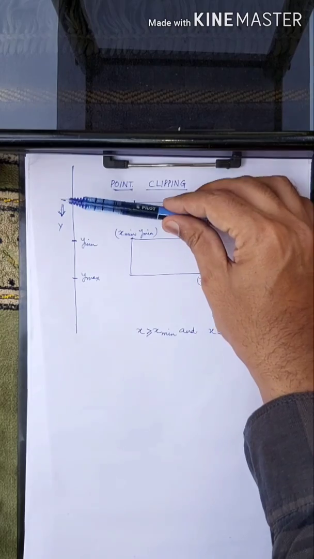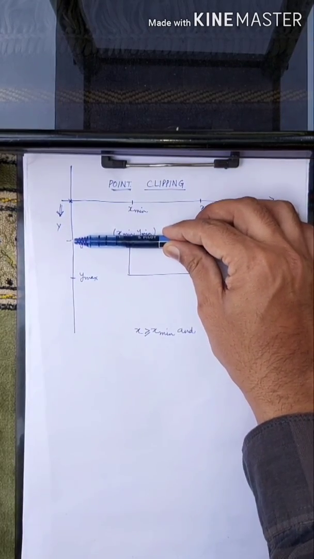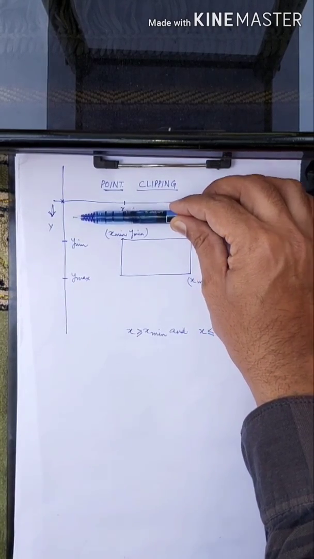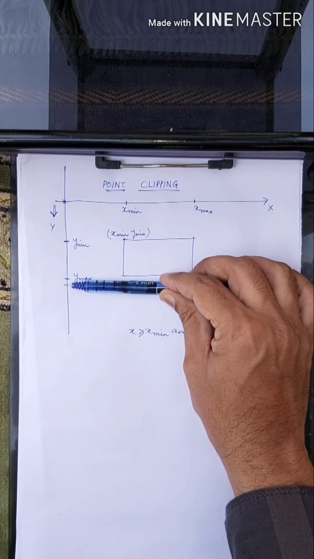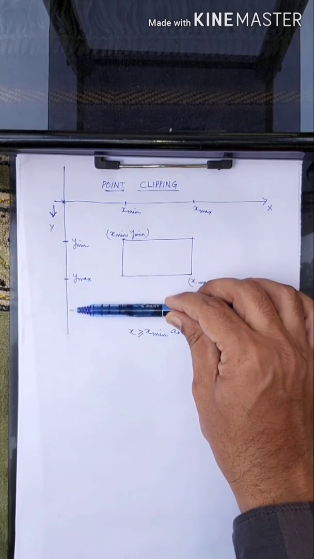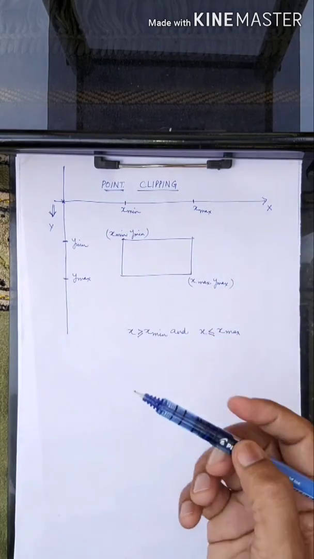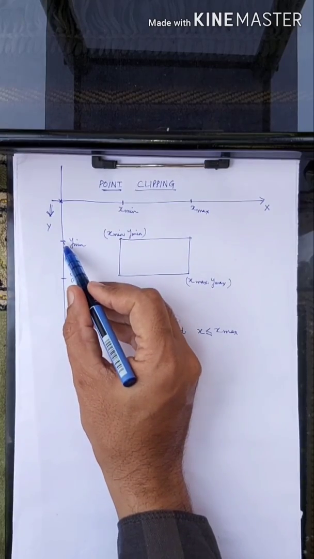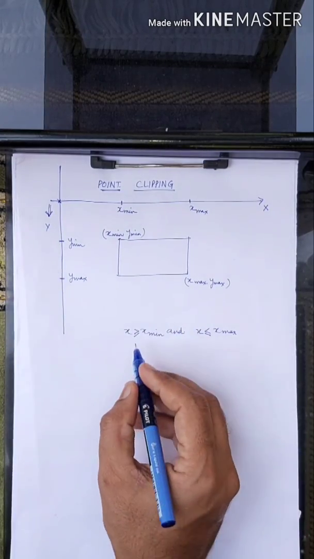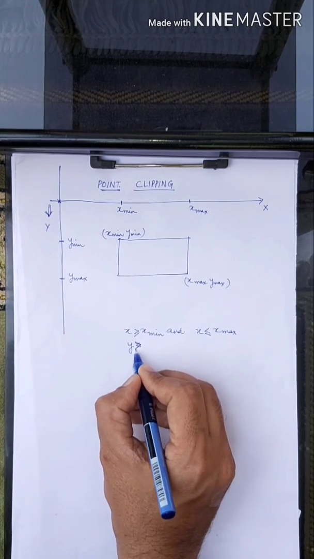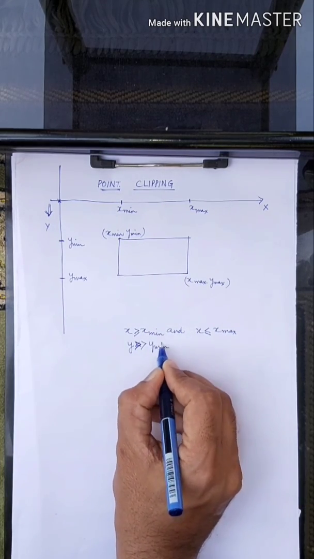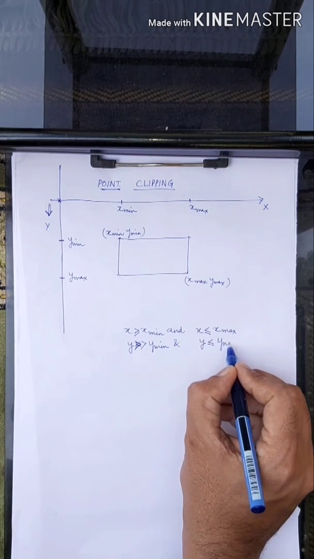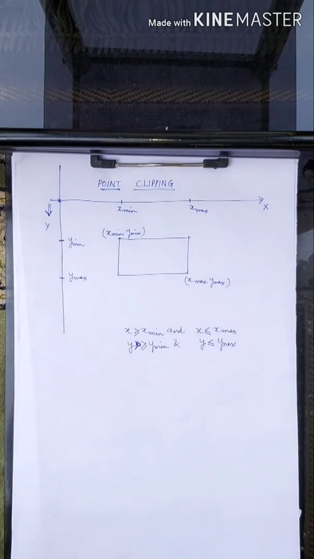Any point having y value lesser than y min will be above the clipping window, and any point having y coordinate value greater than y max will be below the window. So for a point to be within the y domain of the clipping window, y should be greater than y min and y should be less than y max. To consider boundaries you can have these two.